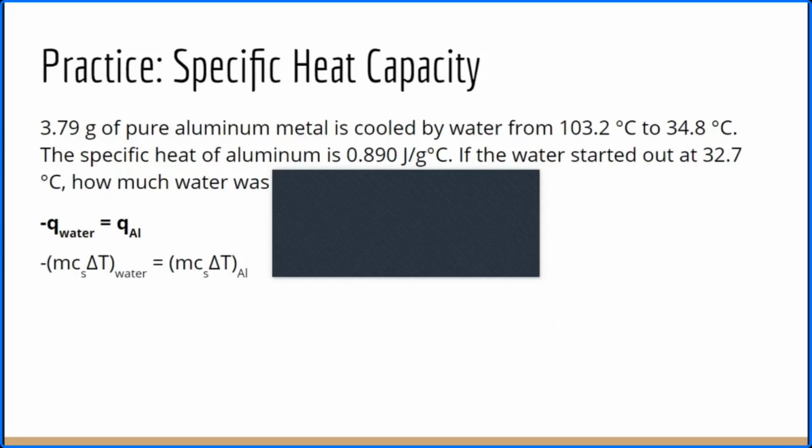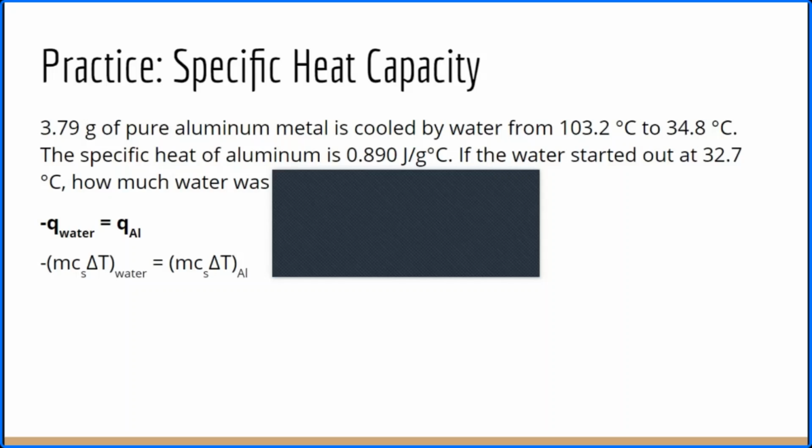And so we also know that the water has to be at that because it goes to equilibrium. So we know that the final temperature of the water is going to be 34.8 degrees Celsius, and the initial temperature is going to be 32.7 degrees Celsius. So that's all that we know about that left side there. We're still missing the mass of the water, which is what we're solving for.